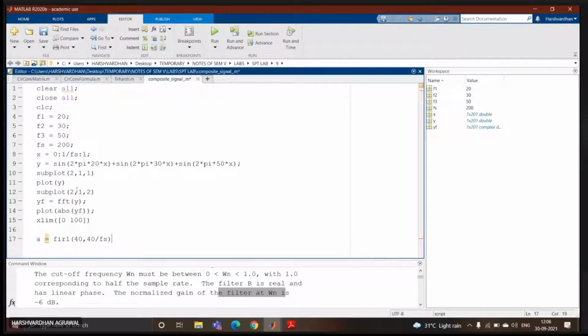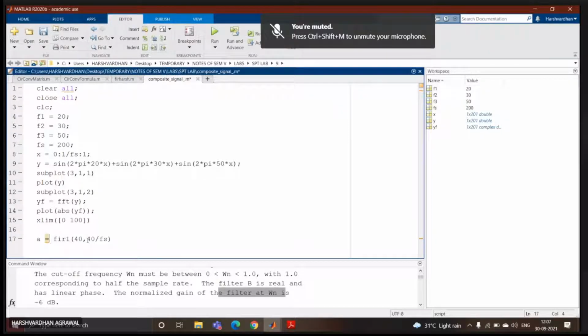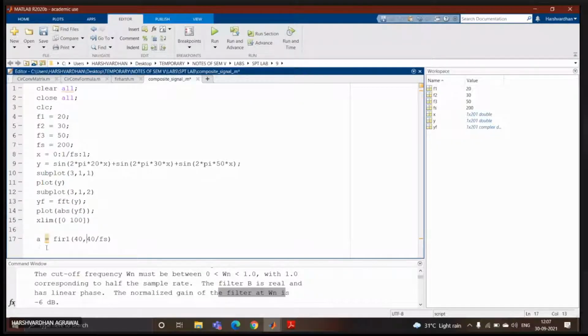Okay. So now you have to input your sequence. Yes, a sequence. Then you need to mention it. That will give you the filter coefficients, that BK.